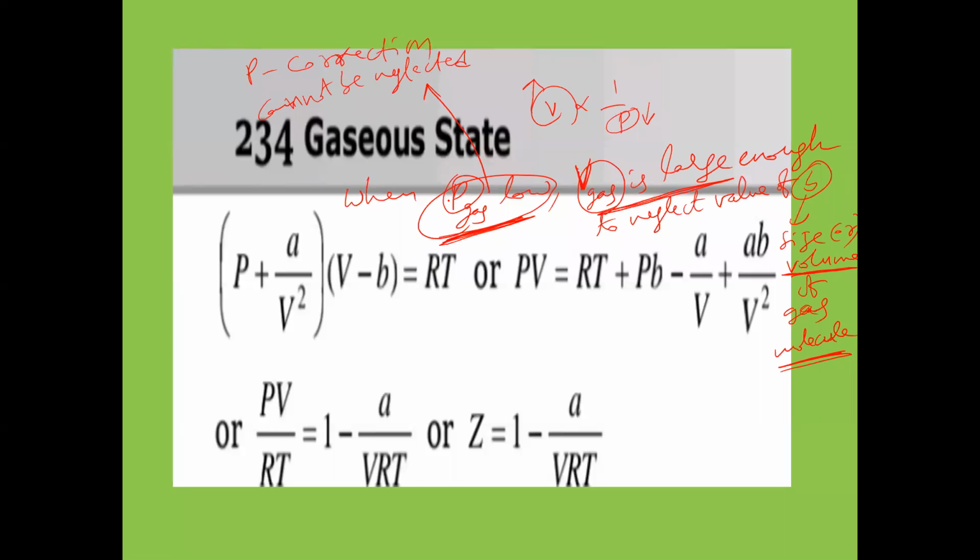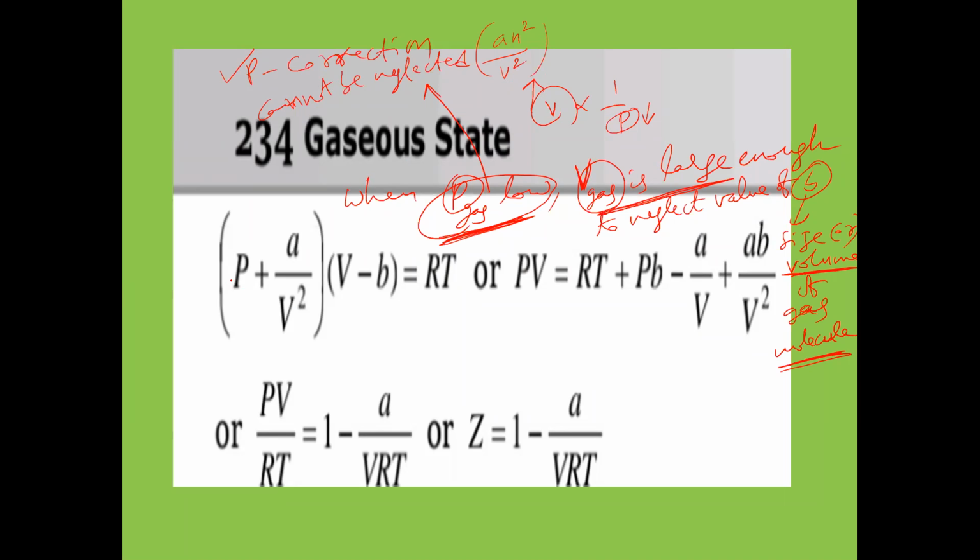But here pressure is low, so we have to write the pressure correction in the equation: a n square by v square. We need to mention this, but b we need not mention.